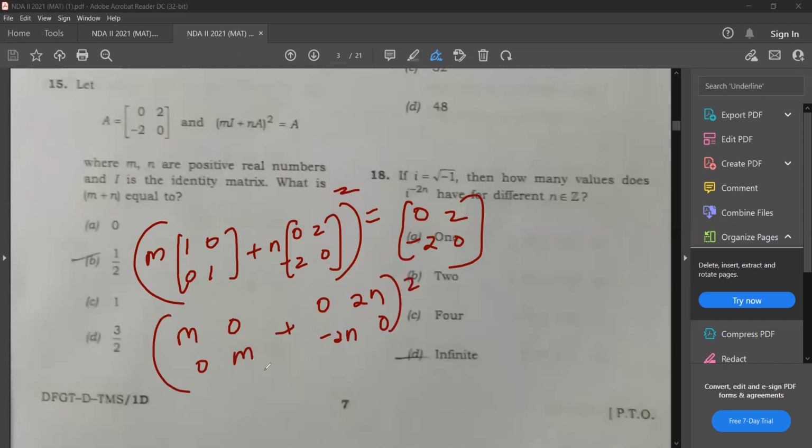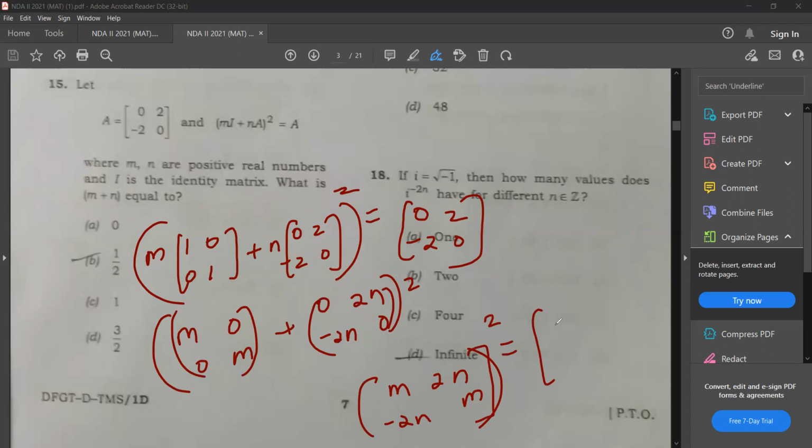When you add this, you will get [m, 2n; minus 2n, m], and the square of this matrix has to be [0, 2; minus 2, 0]. This is possible when m plus n is equal to 0. That is option A, m plus n is equal to 0. The correct answer is option A.